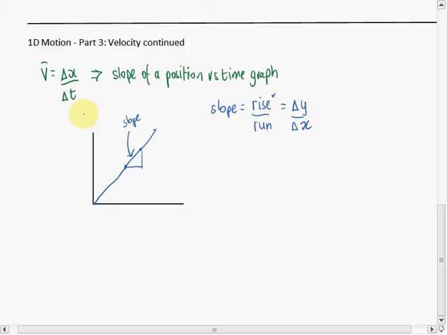In this case, our position will be on the vertical axis, and position in one-dimensional motion is just motion along what we traditionally call our x-axis, right? It's just motion in the x-plane.